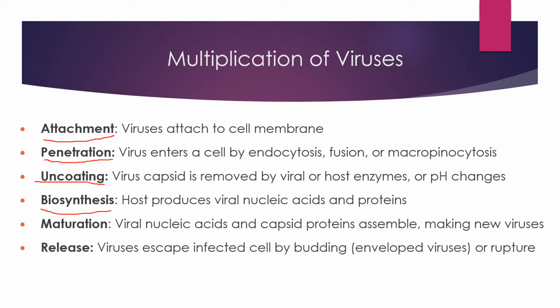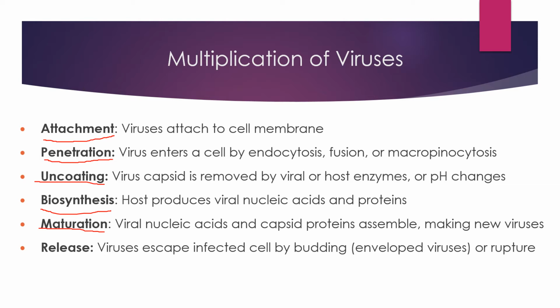In this step, the virus reprograms its host to produce viral nucleic acids, including messenger RNAs, which can then be translated by cellular ribosomes to make viral proteins. Once the cytoplasm has enough viral nucleic acids and proteins, they spontaneously assemble to form new virus particles in a step called maturation.